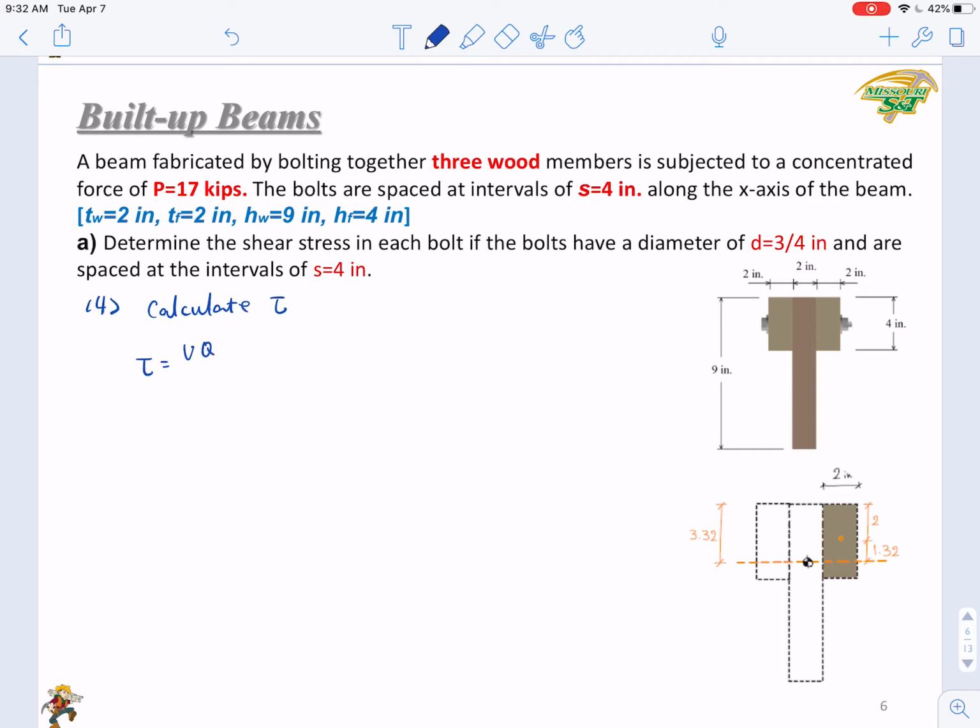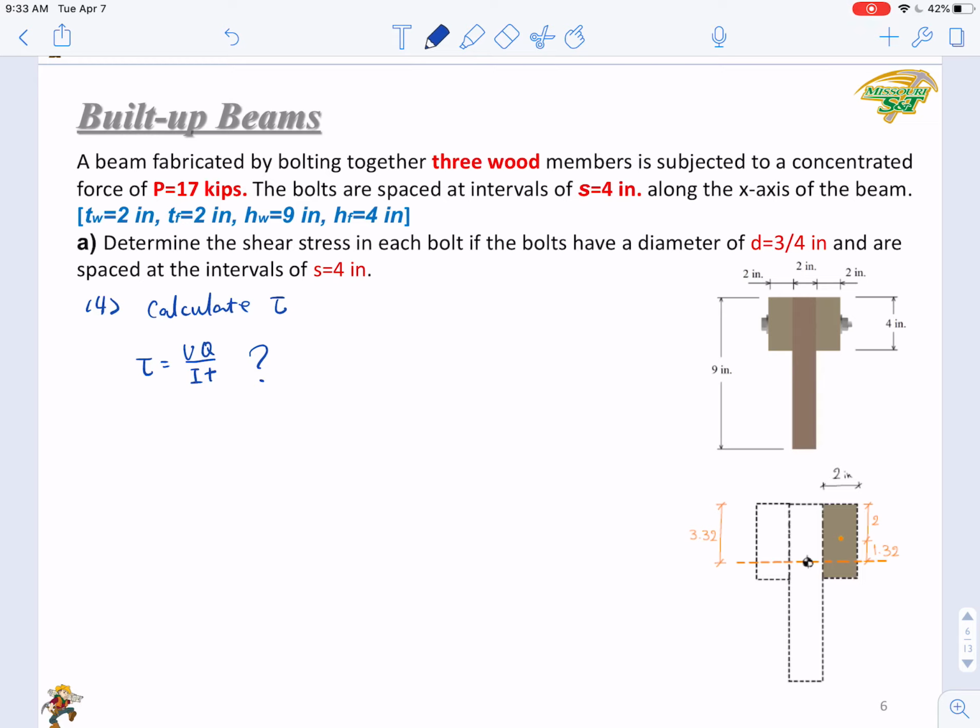Tau equals VQ over IT. Can we use this equation? Do you know T? Obviously, you know T, but we can't use this equation since this equation was derived based on the assumption of perfect interfacial bonding. If we can assume that the interface is a perfect bonding, like in glue or welding, we can use this equation.